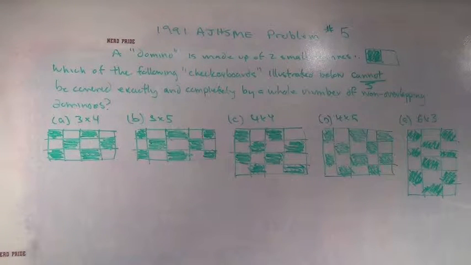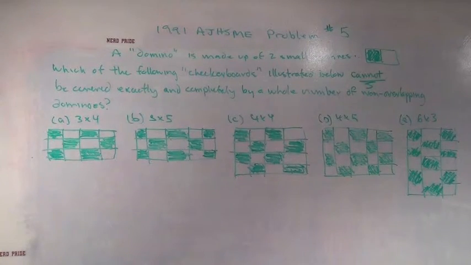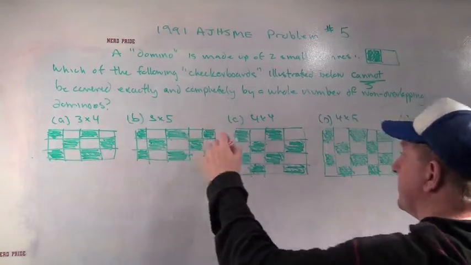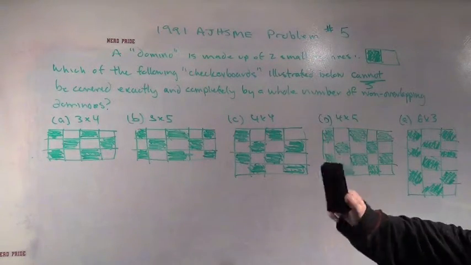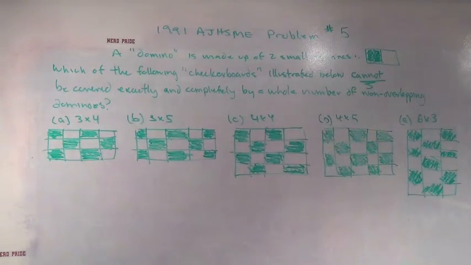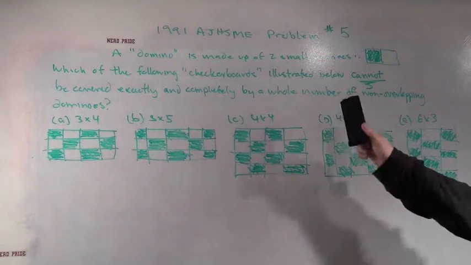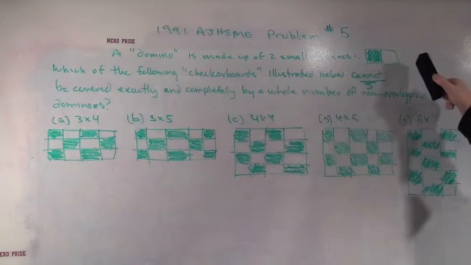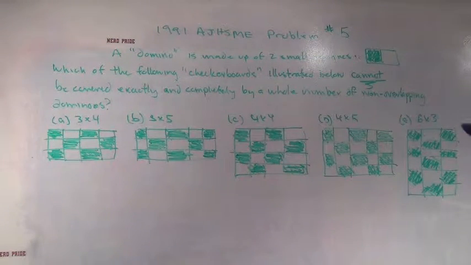So what we're trying to do is imagine that we have some dominoes that will cover certain bits of these squares, and we're trying to figure out which one of the checkerboards below can't be covered completely by a whole number of non-overlapping dominoes. Well, let's see what they mean just by looking at the first one.